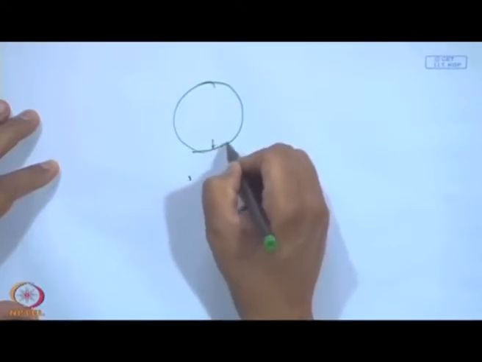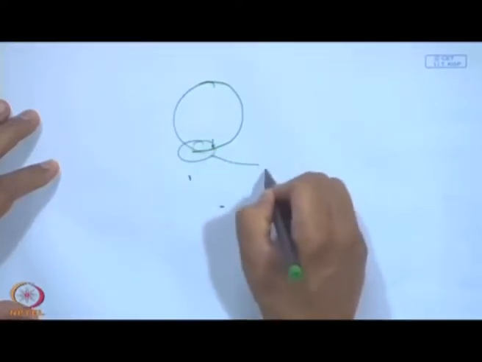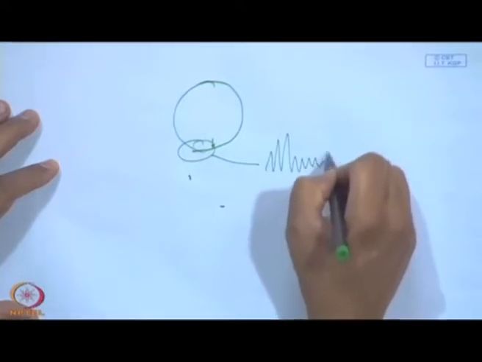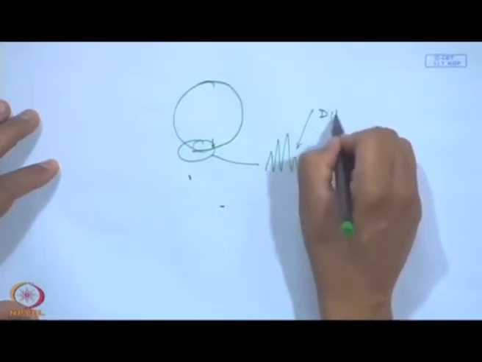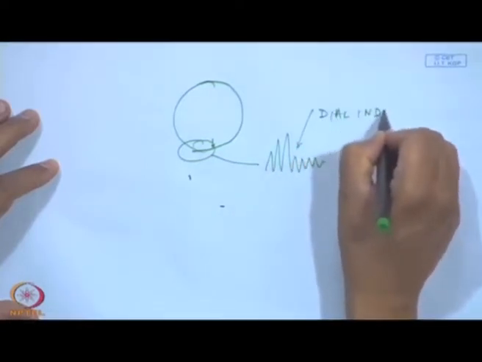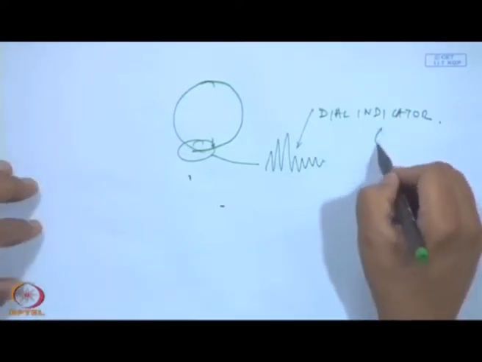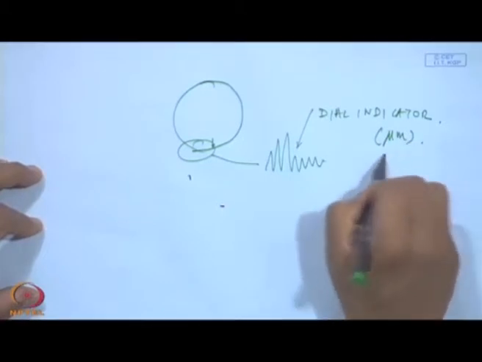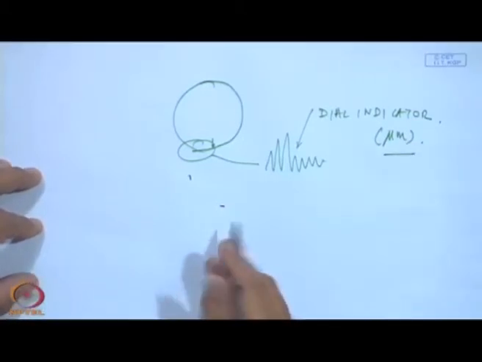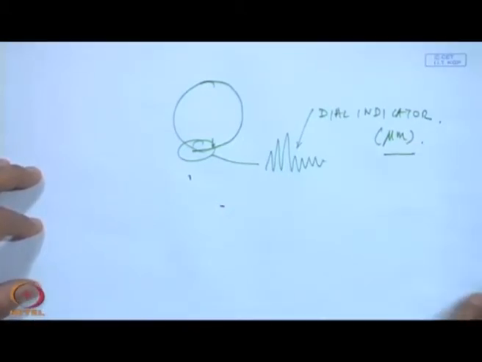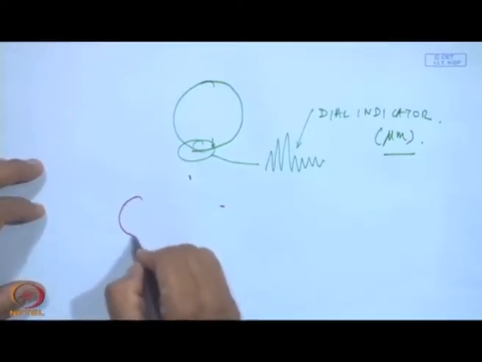The small variations here could be measured by a dial indicator. Okay. And this could be in the order of microns. Okay. So, to measure displacements, we have a mechanical device.